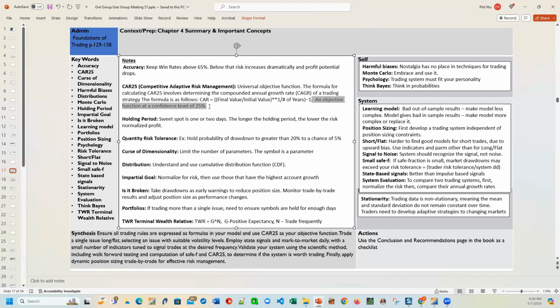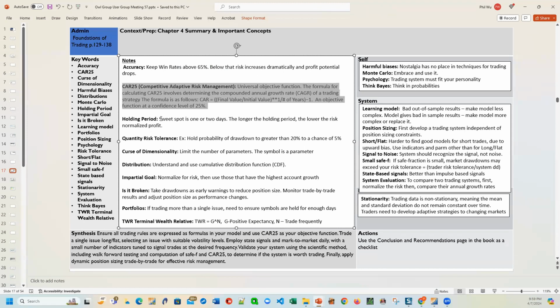We set up a target compound annual growth rate, and as you do the back testing, you come up with the 25% confidence level. As long as that number is greater than your target, you should be okay. At least that's how I understand it. Reading the book, it wasn't as clear, so we'll have to study that more.